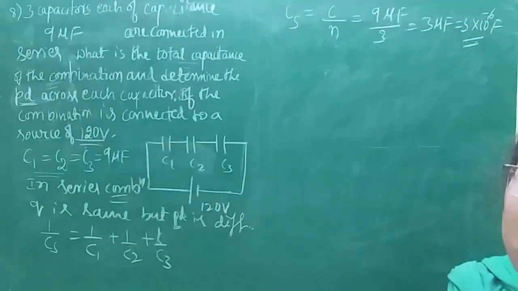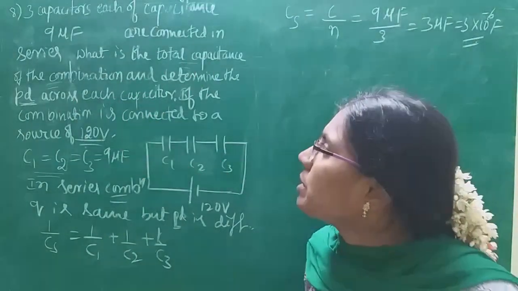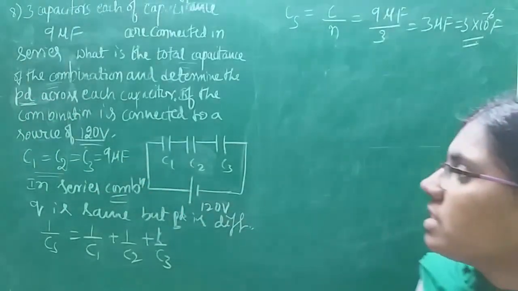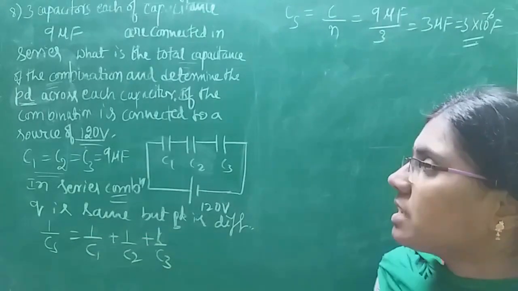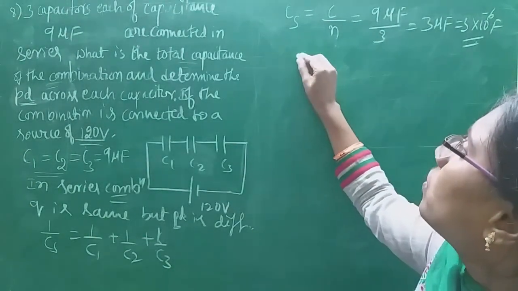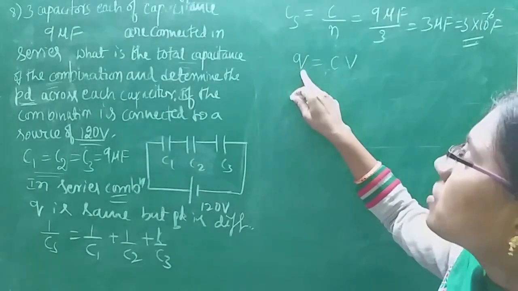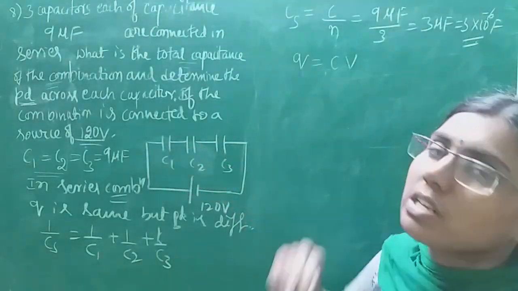So we have found out the total capacitance of the combination, and also we have to find out the potential difference across each capacitor. We know potential difference is different, but charge is the same. What is the charge? Now find out the charge. We know Q is equal to CV. So the total charge of the combination is equal to the charge in each individual capacitor.